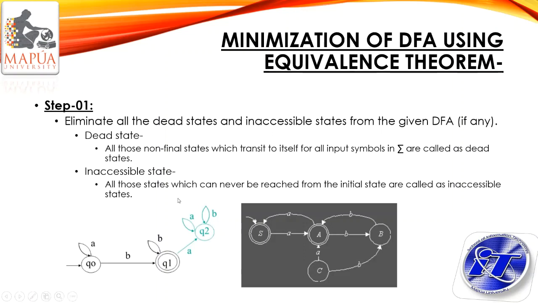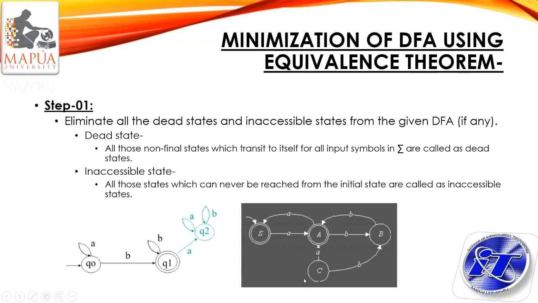Let's consider these two examples. In this first automaton, Q2 is an example of a dead state, wherein if it encounters A after Q1, it will be trapped. All symbols will be trapped by Q2, so this is a trap state, a dead state. In this other automaton, we have C, which is an inaccessible state, because S, the initial state, cannot access it. There is no path going to C from the initial state.